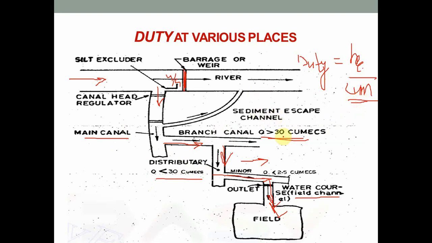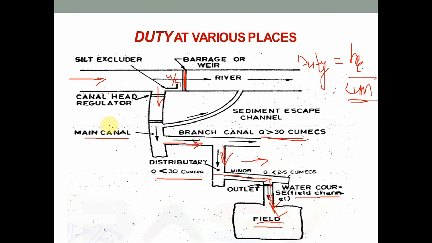Similarly, in minor, again the discharge will reduce and duty will increase. Similarly, in the field channel, discharge will reduce, duty will increase, and finally in the field the discharge is minimum. So here the duty is maximum in the field as compared to the main canal.